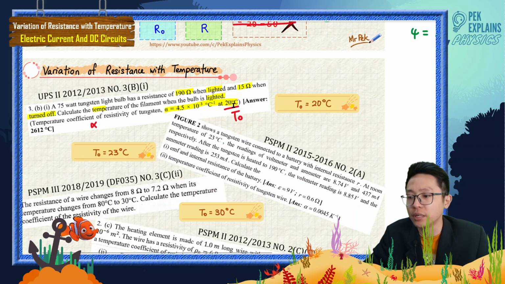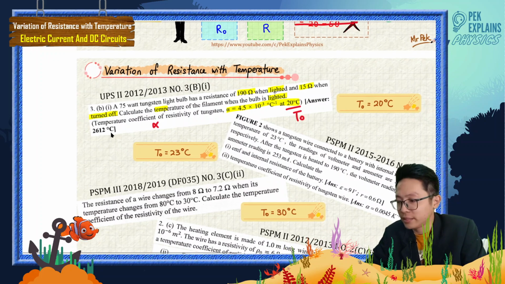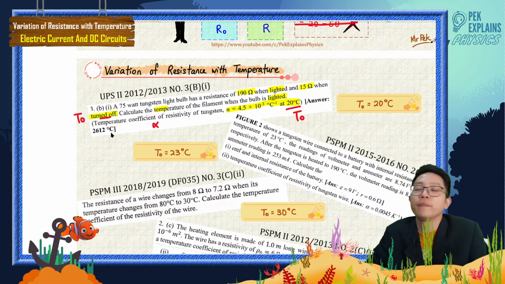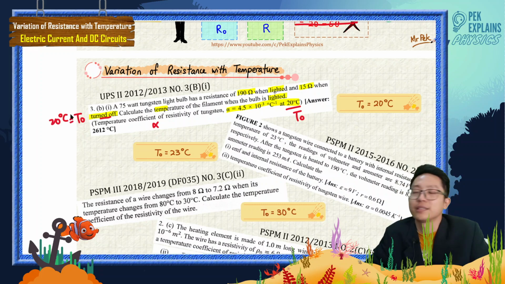It's the temperature when the bulb is turned off. The one turned off actually refers to the room temperature T naught, or the reference temperature, which is 20 degrees Celsius.